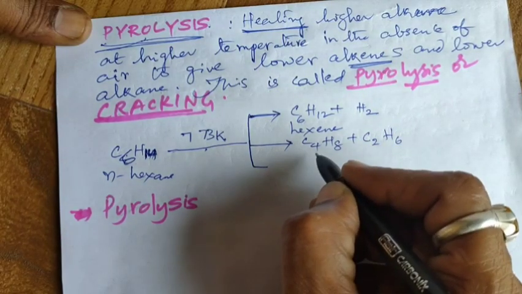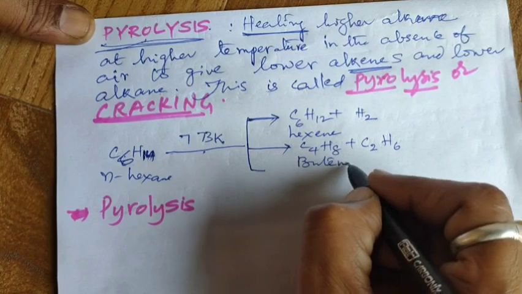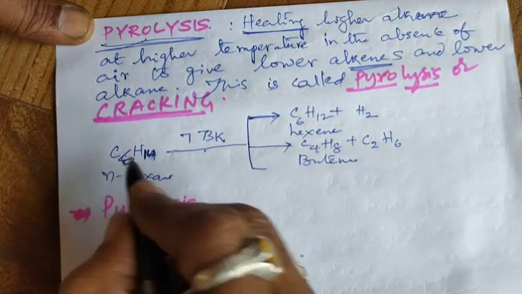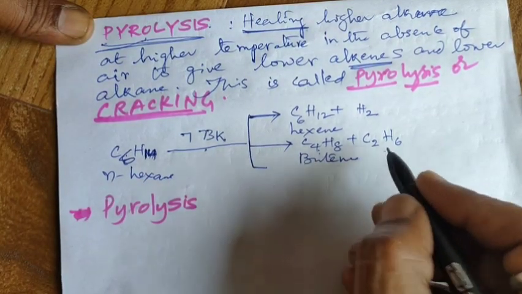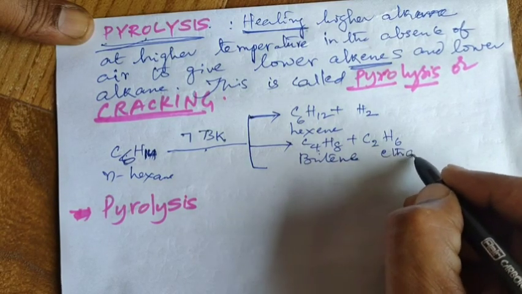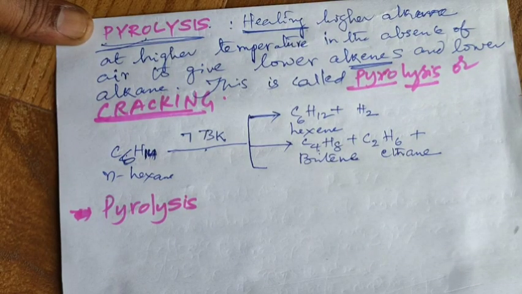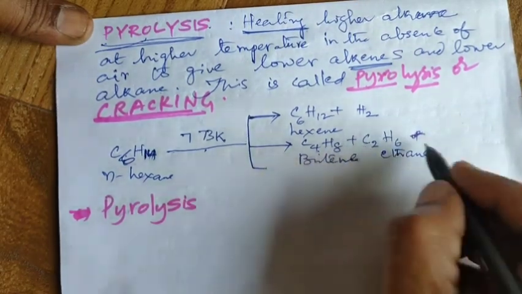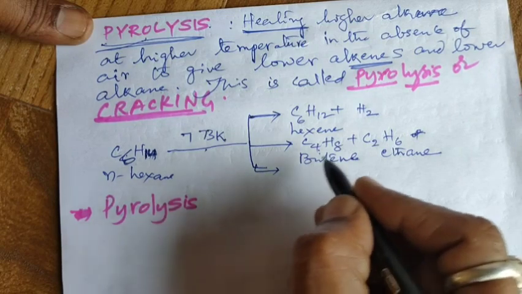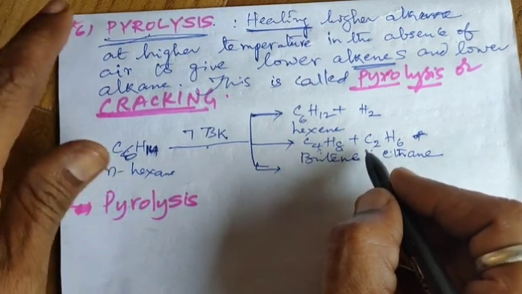This is another choice, not exactly happening. C4H8 is butene, an alkene. A 6 carbon chain cleaved into a 4 carbon chain and a 2 carbon chain; butene this is, and it is ethane. One is alkene, the second one alkane, and some amount of hydrogen there. Are hydrogens balanced? Yes, 8 and 6 is 14.